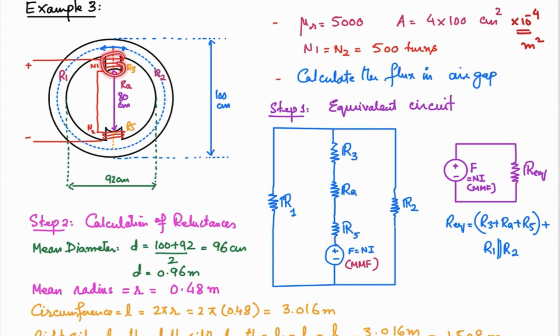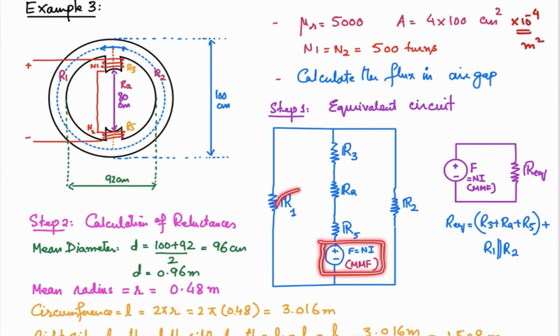And this winding is going to act as a source of MMF, magnetomotive force, that is the product of the number of turns and the current. So this is the equivalent circuit, and in this we will now have to calculate the reluctances based upon the length of the core structure and the length of the air gap in which the flux is going to pass. So what will be the equivalent reluctance seen by this MMF source?